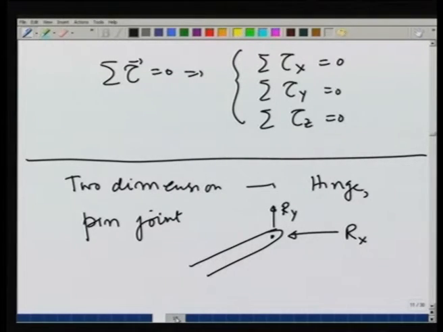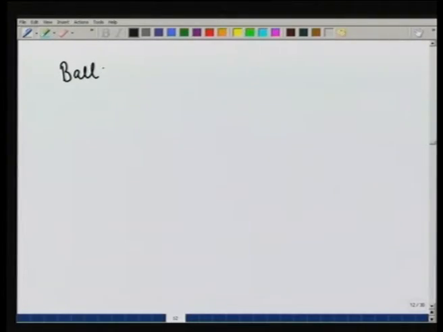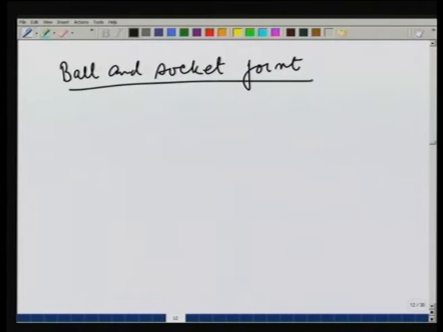In 3 dimensions, a similar joint is called a ball and socket joint, which is nothing but a socket in which a ball fits, and it can rotate in any direction.